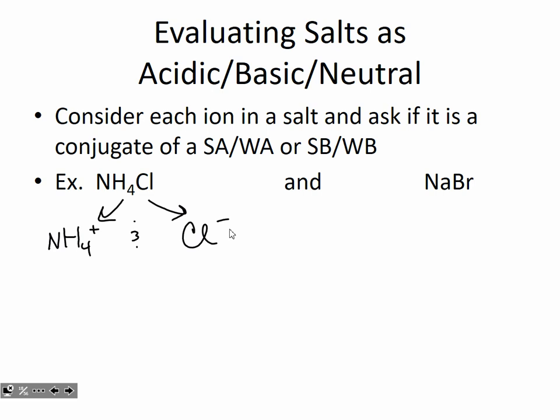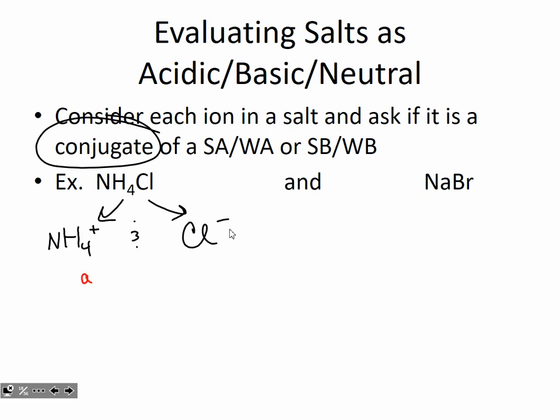And then what we want to do is think about the conjugate of each of these. So these two things, ammonium and chloride, these are the conjugates of what? What acid or base gave us ammonium? What acid or base gave us chloride? I would hope that you can see this in your head, but if you have trouble visualizing the acid or base that it came from, there's a little trick you can use.